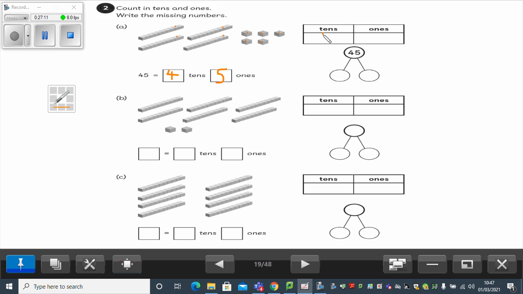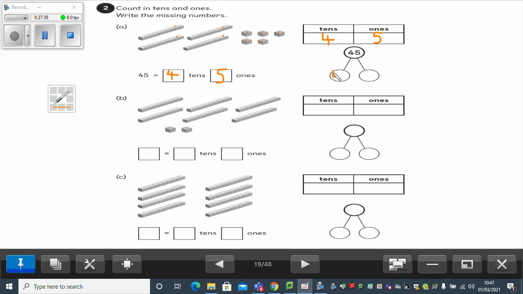So let's put that on our place value chart. 4 10s and 5 1s. Now we're looking at the value of the digits. So 4 10s, let's count in 10s to work out that value. Ready? 10, 20, 30, 40.